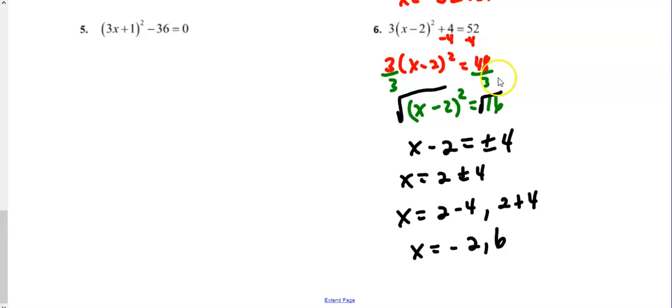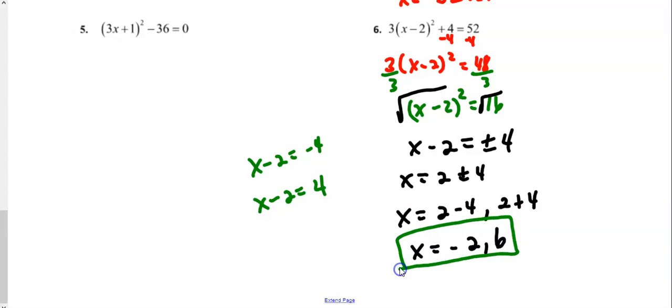No different than if I solved x minus 2 equal -4, I'm still going to add 2, and x minus 2 equals positive 4, I'm still going to add 2 and get the following answers. So isolate the square, square root both sides, and solve accordingly.